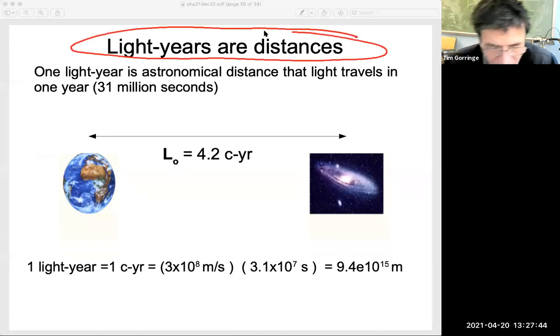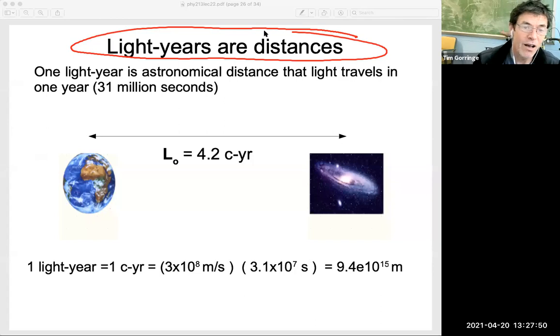A light year is a distance, first of all. Sounds like a time, but it's not a time. It's actually a distance. A light year is the distance that light travels, the number of meters that light travels in one complete year. One complete year is 31 million seconds, roughly. So that's what a light year means.